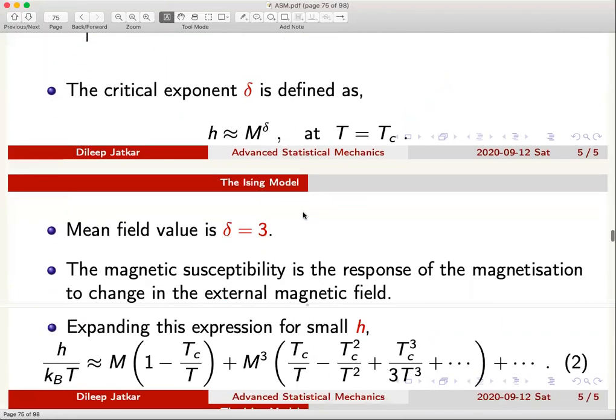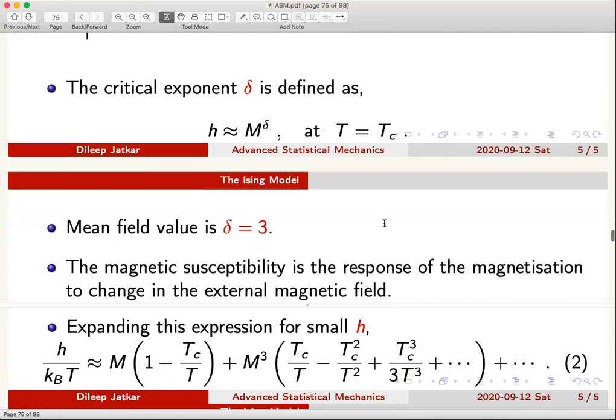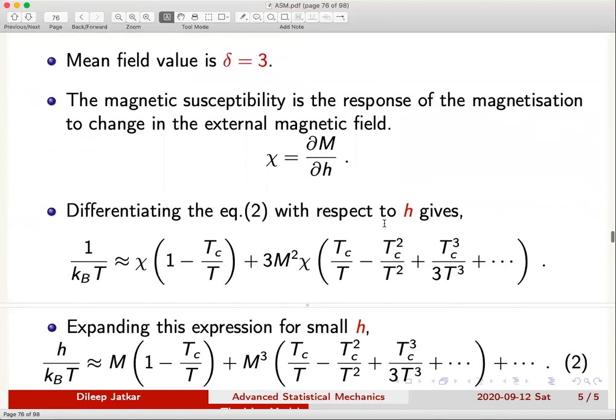So we determined the dependence of magnetization on external magnetic field at T equal to Tc. At T equals Tc, the linear term vanishes and you have a cubic term which is related to H. You can check that at T equals Tc, this term doesn't vanish. Okay, so therefore you find that H is proportional to M cubed, and therefore delta is 3. Okay, that is the thing that we found.